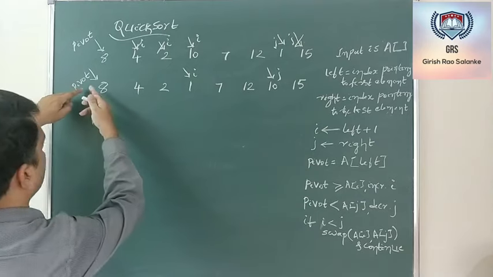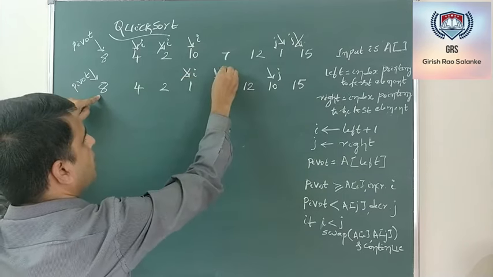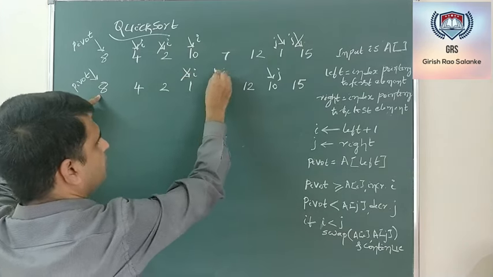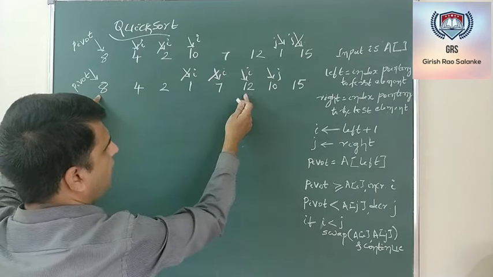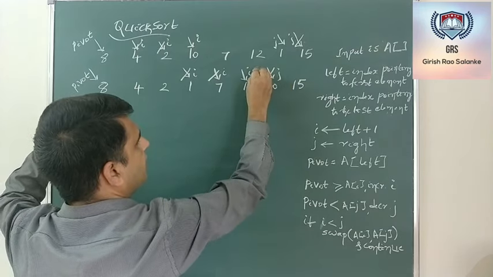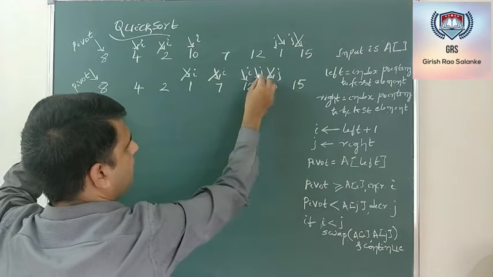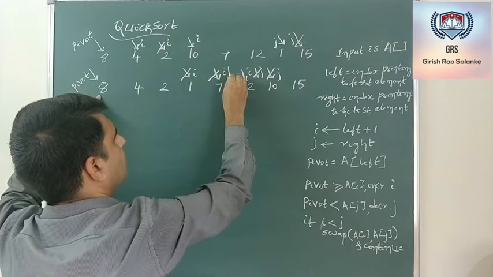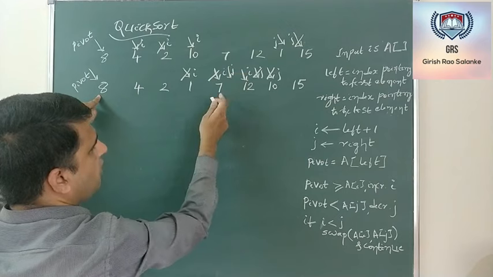Now compare the pivot: 8 greater than 1, yes, true, increment i. 8 greater than 7, yes, increment i. 8 greater than 12, false. 8 less than 10, yes, decrement j. 8 less than 12, yes, decrement j. 8 less than 7, false.